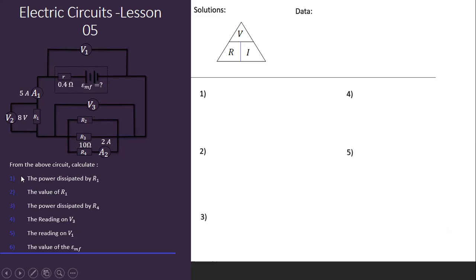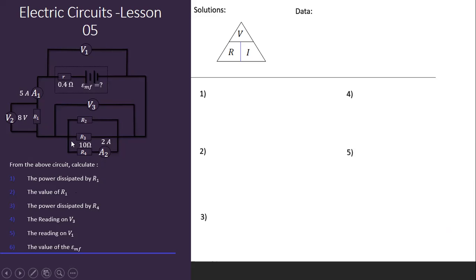Okay, now let's look at the questions. From the above circuit, we have to calculate the power dissipated by resistor R1. The second question says we have to calculate the value of R1, that means the resistance of R1. The third, the power dissipated by R4.